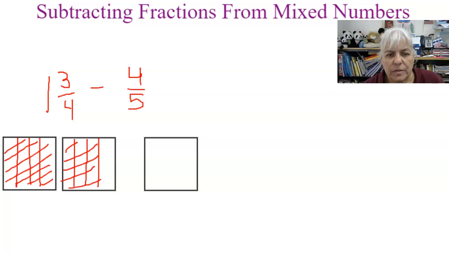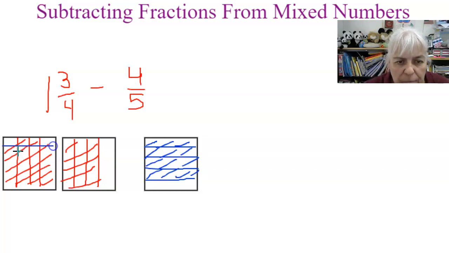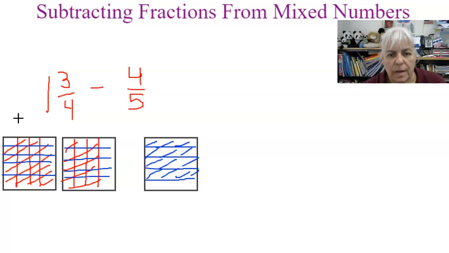So now I have 4/5. I'll go the other direction with fifths. There's my 4/5. 1, 2, 3, 4/5. So I'm going to do fifths over here. And fourths over here.